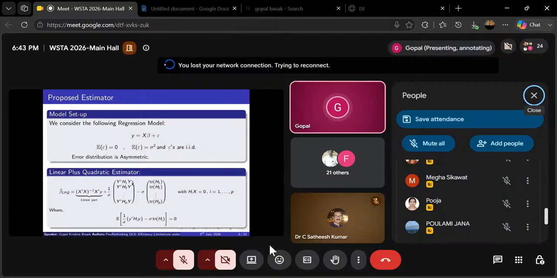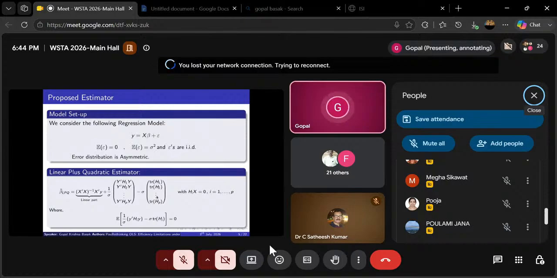So y prime H1 y, y prime H2 y, y prime Hp y. If there are p components of beta, then there are p components of this quadratic form also. This is the particular form we are using right now.